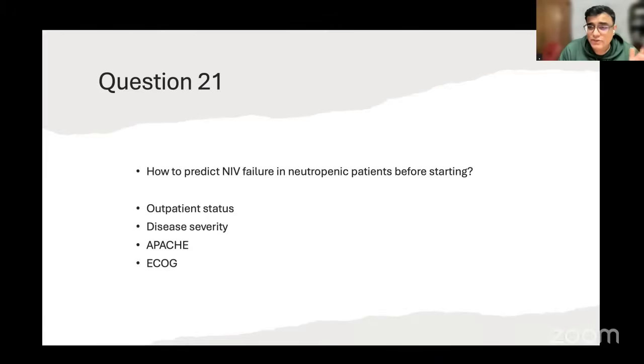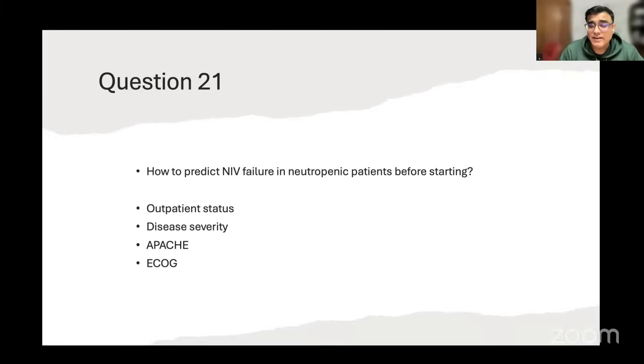Earlier trials had shown that NIV improves outcome, but recently the data suggests that NIV does not actually improve a lot of outcomes. So HFNC is more preferred, but under certain circumstances, like a component of cardiac failure or fluid overload, you can try NIV under supervision. There have been multiple studies on what predicts NIV failure.